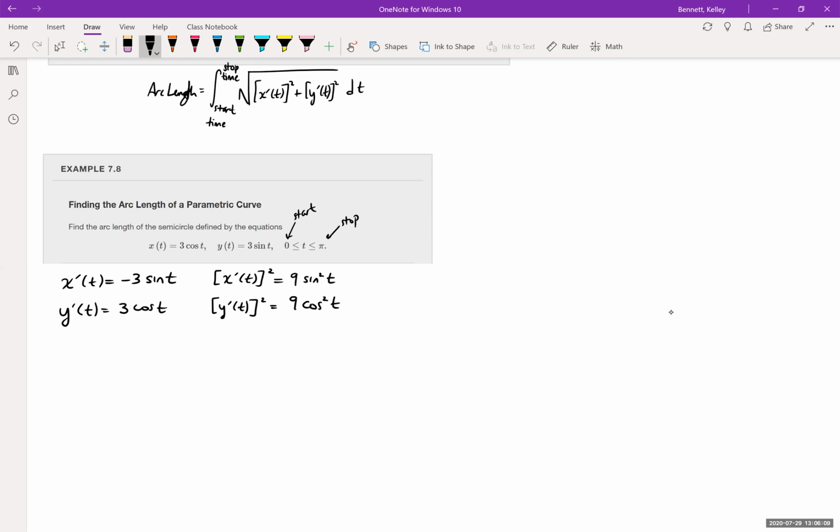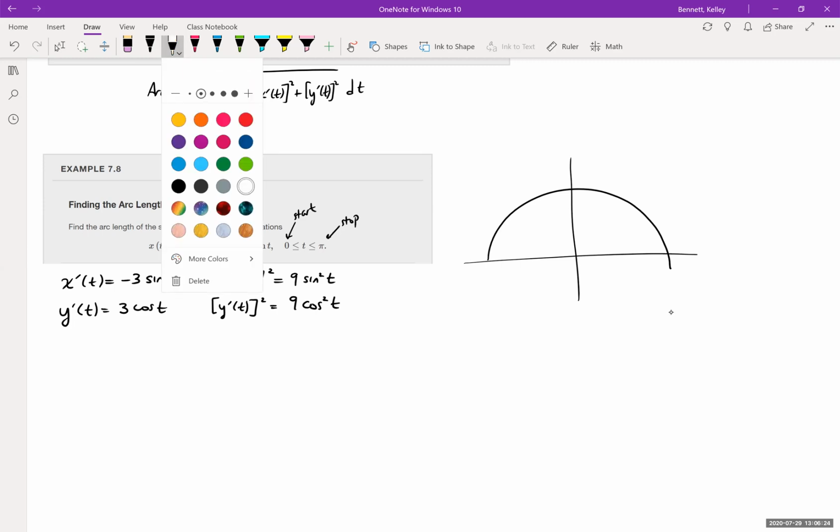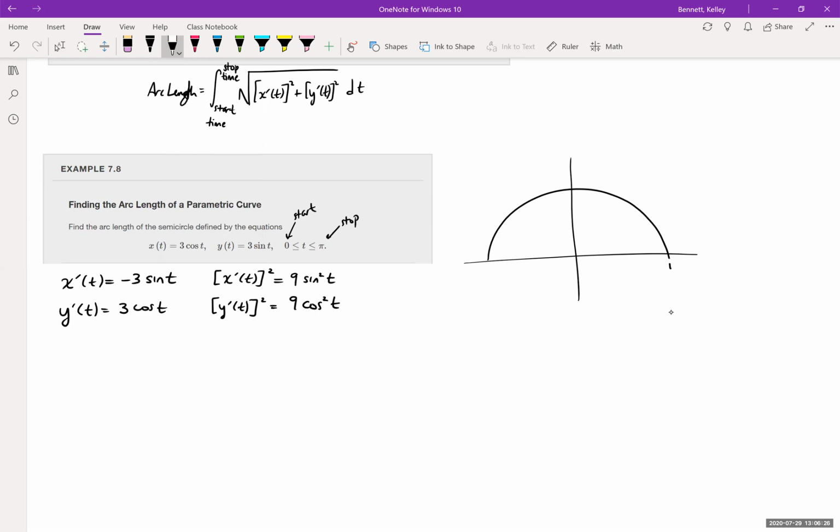Just to guide us, this is really just a semicircle centered at the origin with radius 3.